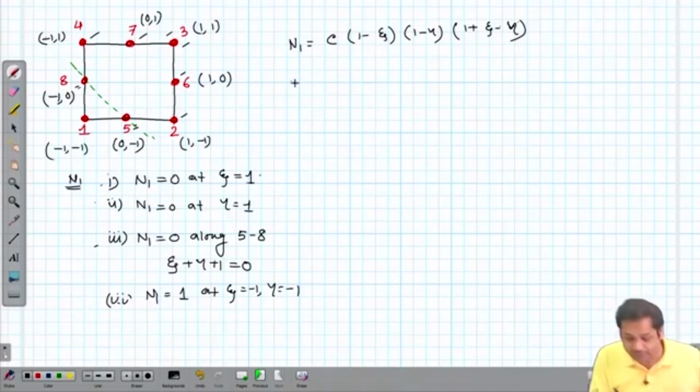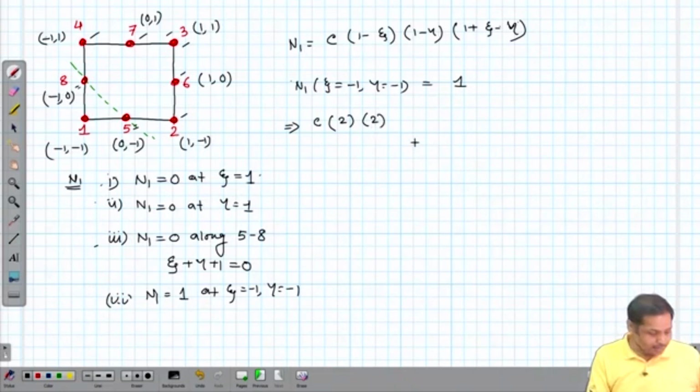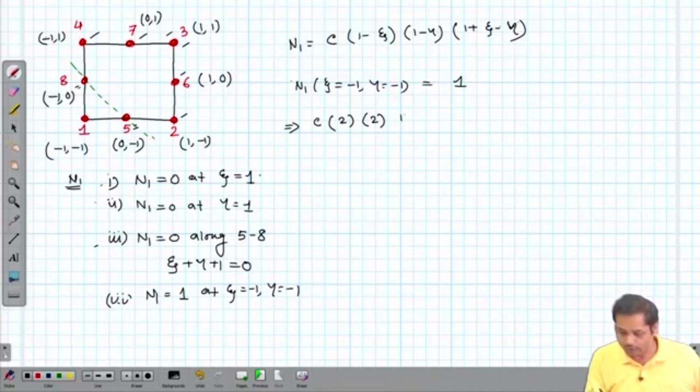Now the last condition tells me N1 at xi is equal to minus 1 and eta is equal to minus 1 should be equal to 1. If you substitute, then it will be C into 1 minus minus 1, 2, then again 2, and then 1 plus xi plus eta, which is minus 1.